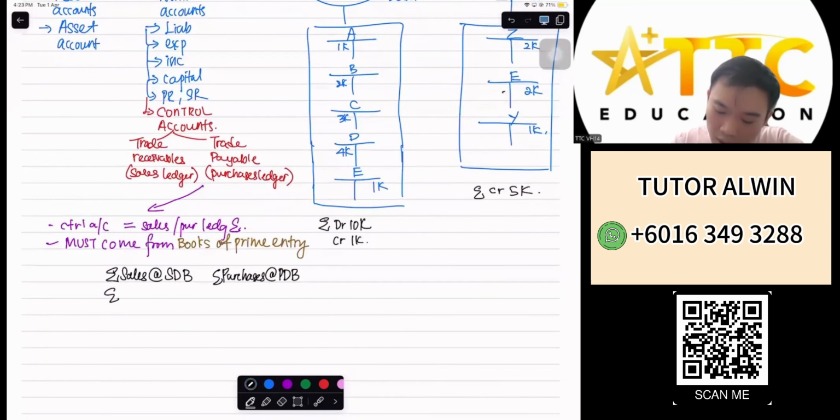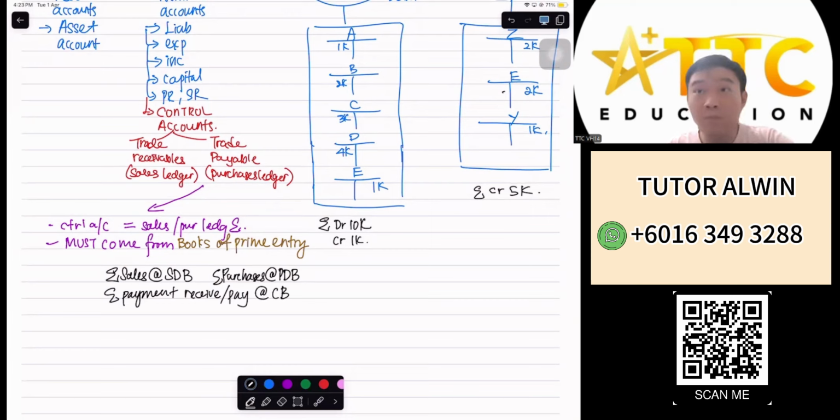Once payment is made, all the total payments received from customers or paid to suppliers must take the total from the cash book. All the total returns: purchase returns come from the purchase return journal, and sales returns you get from the sales return journal.